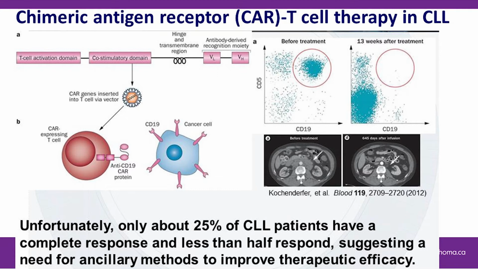That's CLL cells growing and no longer can be treated with the drugs that were being used at the time. And so 13 weeks after treatment with these T cells, you can see that the CLL cells in the blood were cleared, and as well there's lots of empty space now on the CAT scan. The lymph node masses were also cleared.